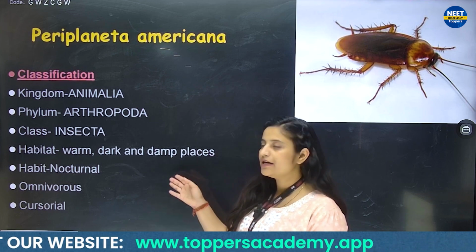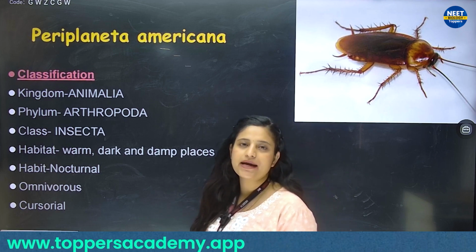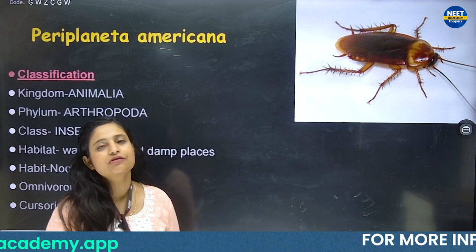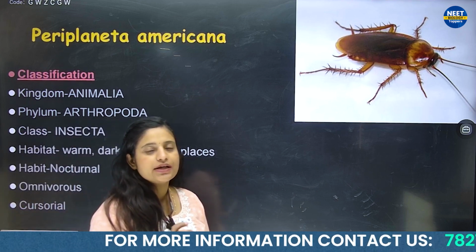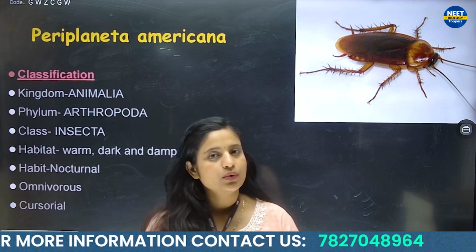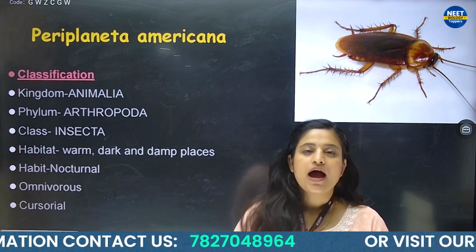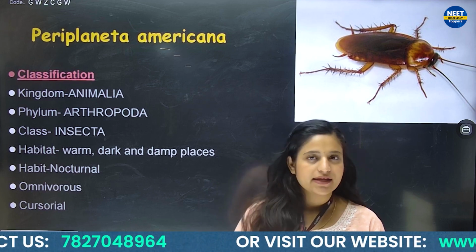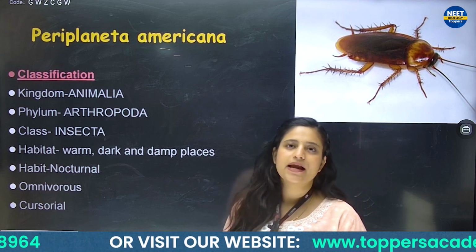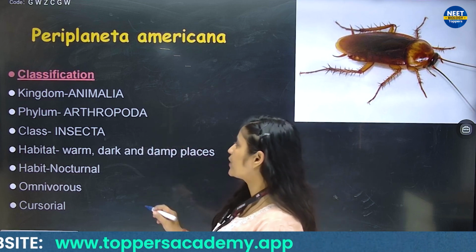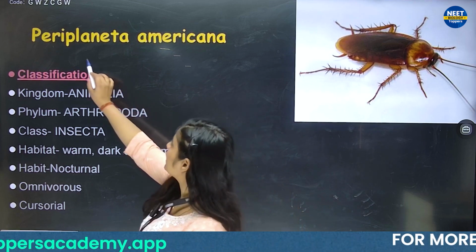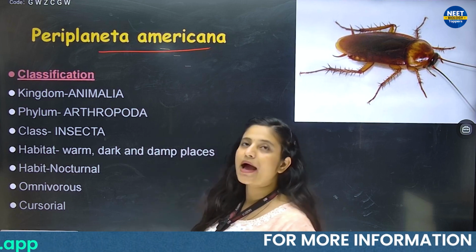But in your syllabus, you have Periplaneta americana, and their size is 34 to 53 mm, and they generally have a black and brown body color, okay? And they come from America, that's why they are known as Periplaneta americana. This is the scientific name of the cockroach, okay? So the scientific name of the cockroach is Periplaneta americana.